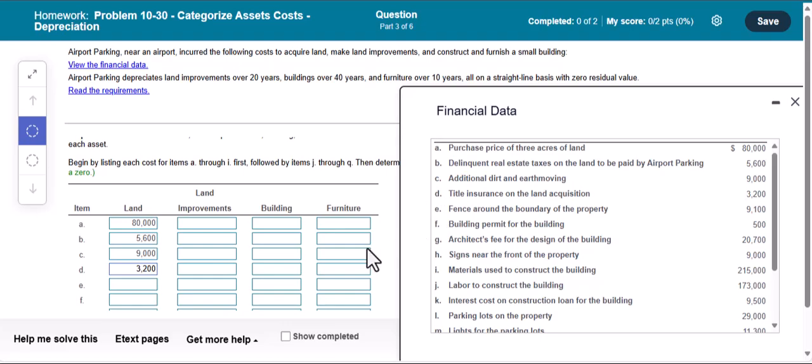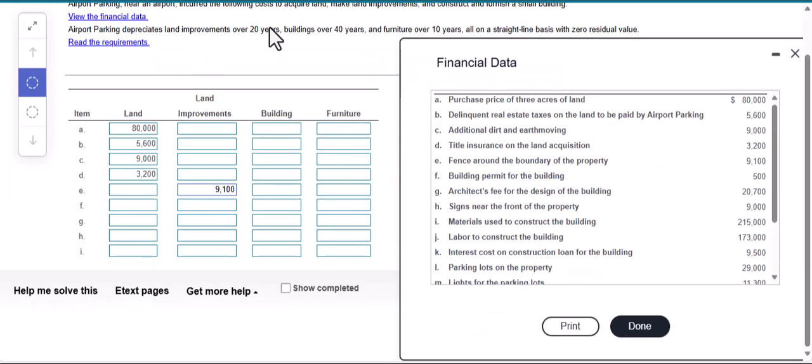And now we have E, fence around the boundary of the property for $9,100. So will this fence last forever? No, so this is a land improvement. So I'm going to go ahead and take that $9,100 and put it under land improvement for E, since that will be a depreciating asset.